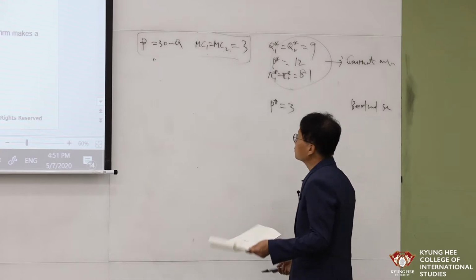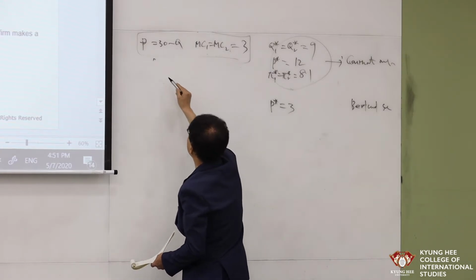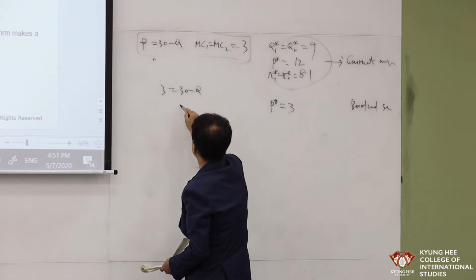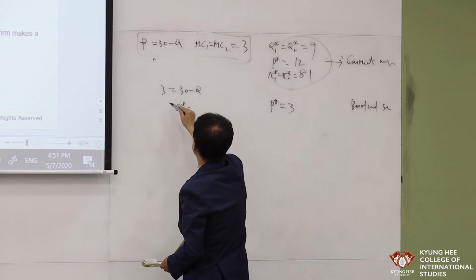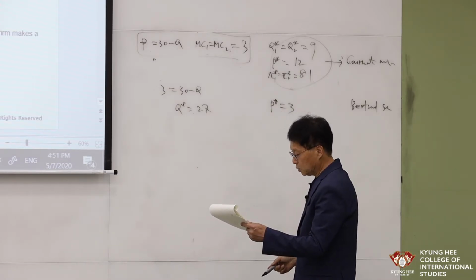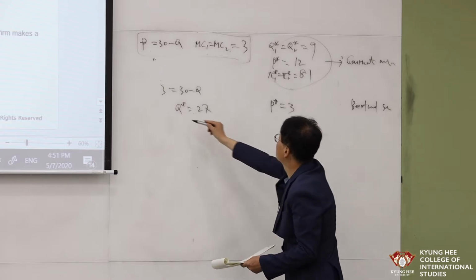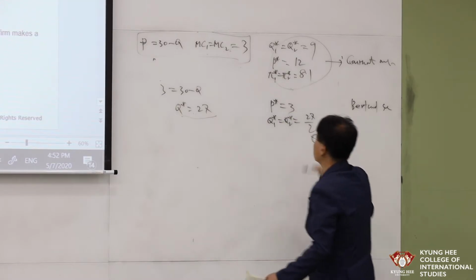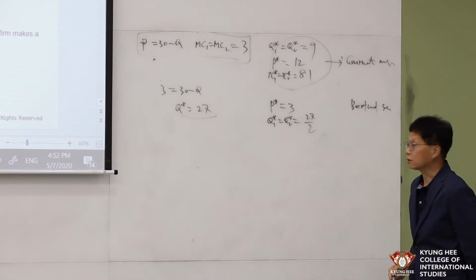Then Q star: 3 is equal to 30 minus Q, then Q star is equal to 27. Then Q1 star and Q2 star are equal to 27 over 2.